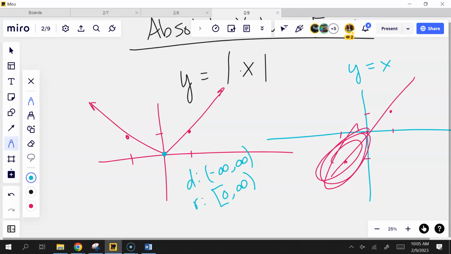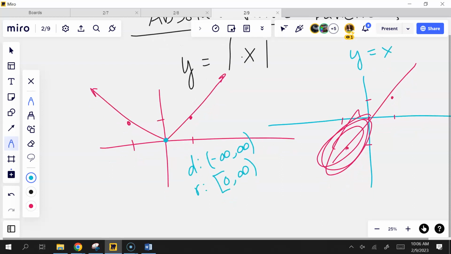All right. So this is what we call the parent graph. This point that I have in blue here, what do we call that?